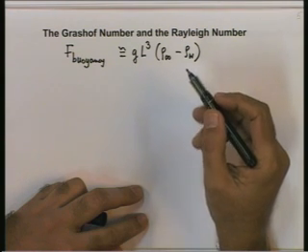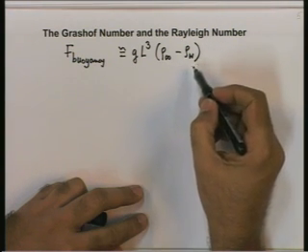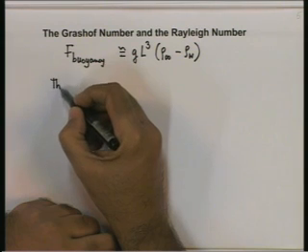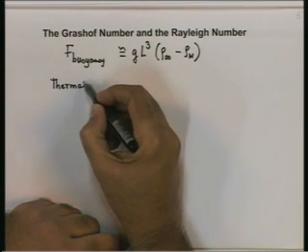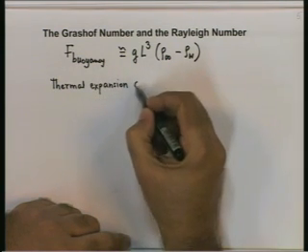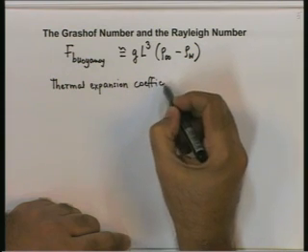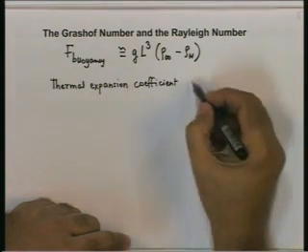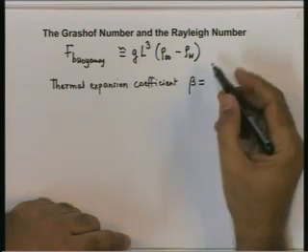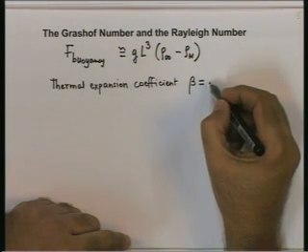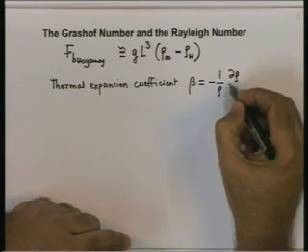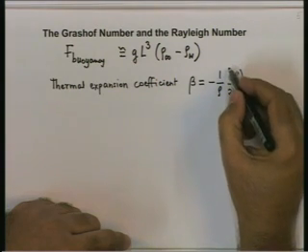Now, the density difference is related to the temperature difference. We define the volumetric thermal expansion coefficient. This is usually given the symbol beta, and this is defined as minus 1 over rho, partial of rho with respect to T at a constant pressure.